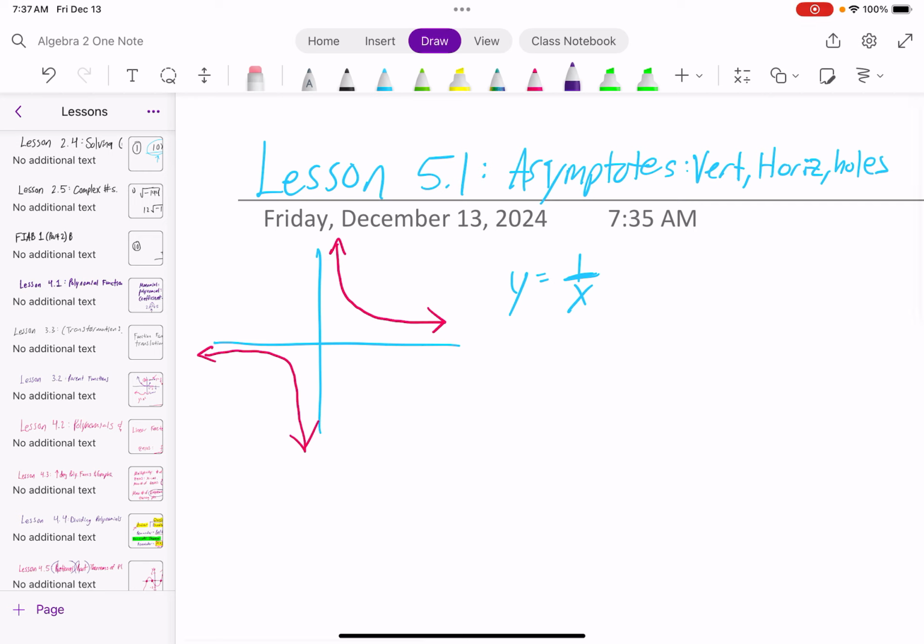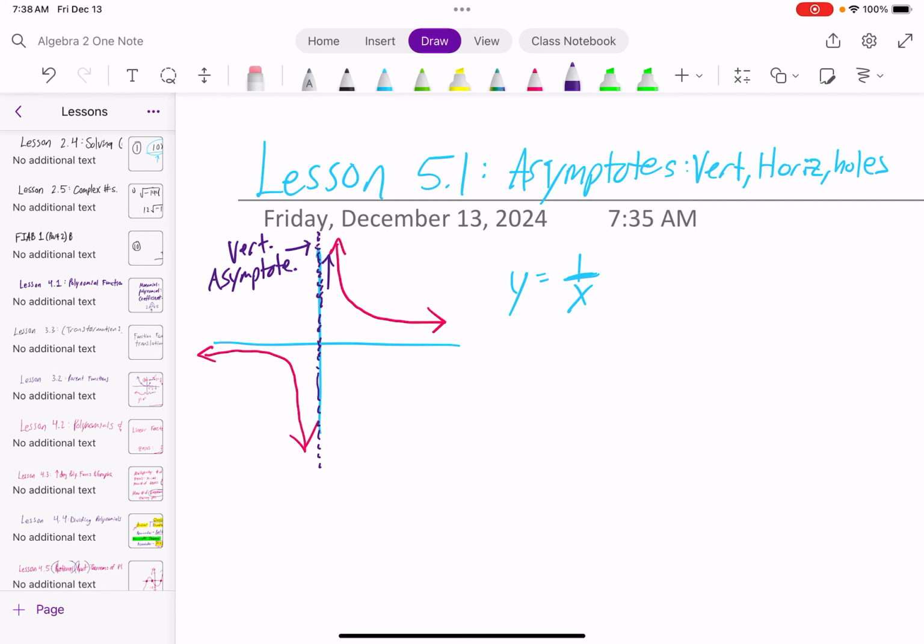So, let's say along this line here, this would be a vertical asymptote, right? Vertical asymptote. Because, well, this line is going up and up and up, and it never seems to get to this vertical asymptote.